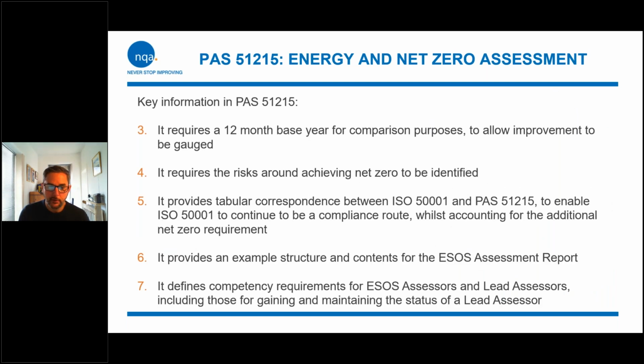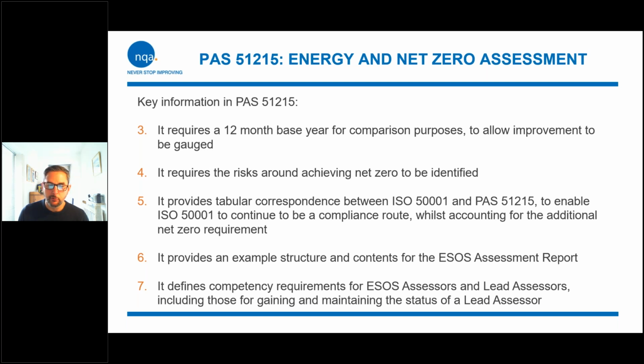The other ones, number 3: a 12-month base year for comparison purposes needs to be established so that we can demonstrate improvement, or at least gauge if improvement is taking place in both energy efficiency and greenhouse gas emission reductions. The base year can be financial, it can be calendar, it can be whatever you choose it to be, but it has to be a 12-month base year.